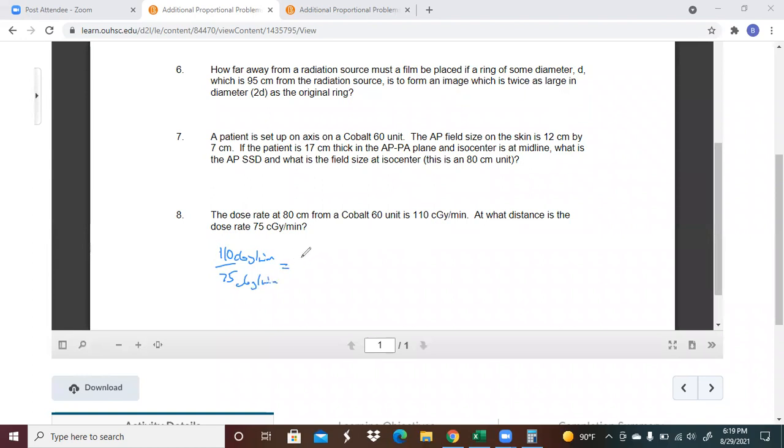And what we do not know is where it is at 75. So we put this stuff up there and we do that. So we end up with x squared is equal to 110 over 75 multiplied by 80 cm squared.